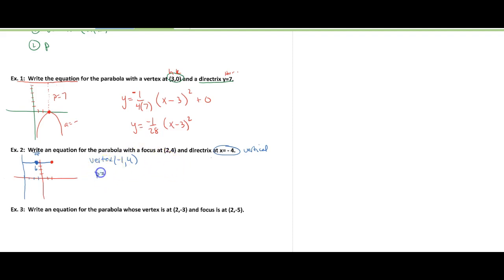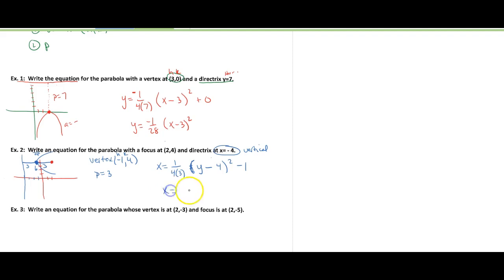Now, my p, remember, the distance from the focus to the vertex is going to be 3. So p is 3. Since this is going to open to the right, right away I know x equals 1 over 4 times p, which is 3, times y minus 4 all squared minus 1, if this is h and this is k.